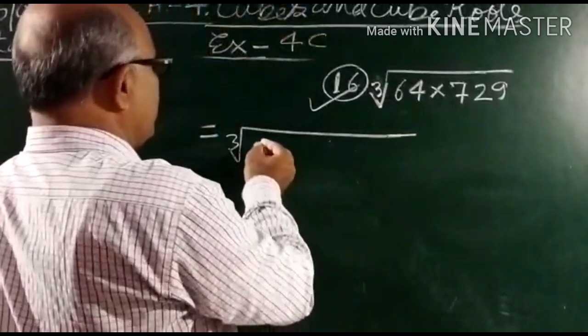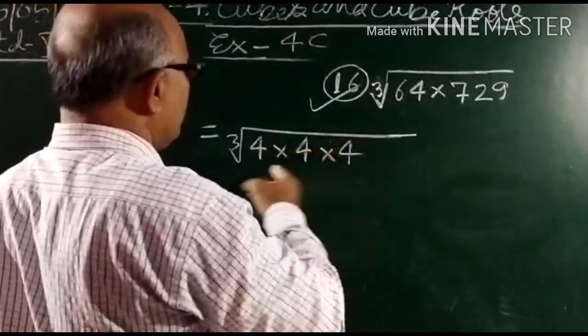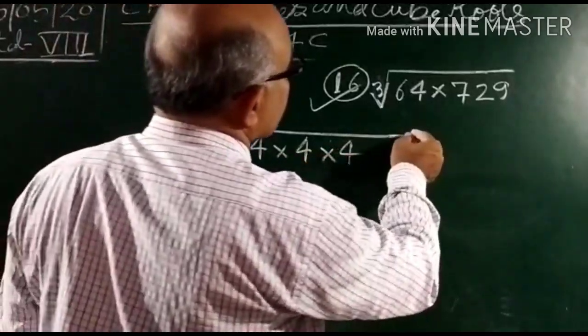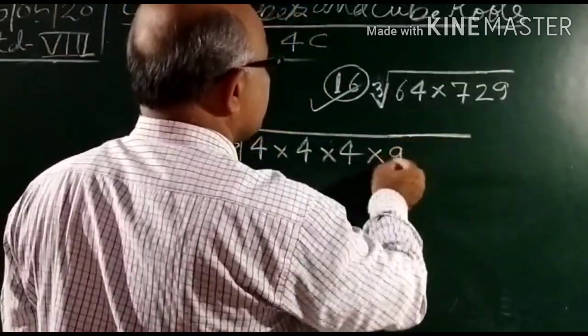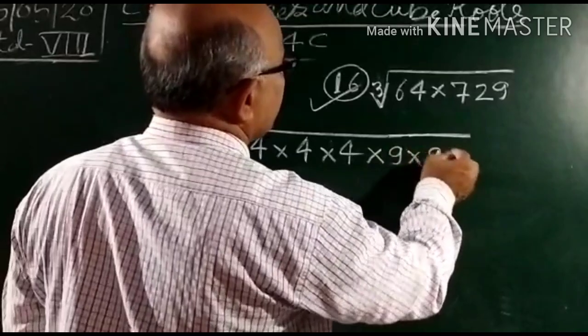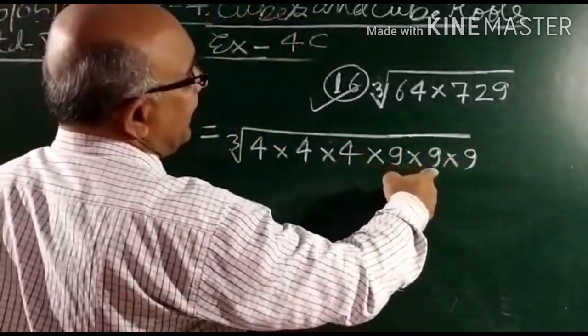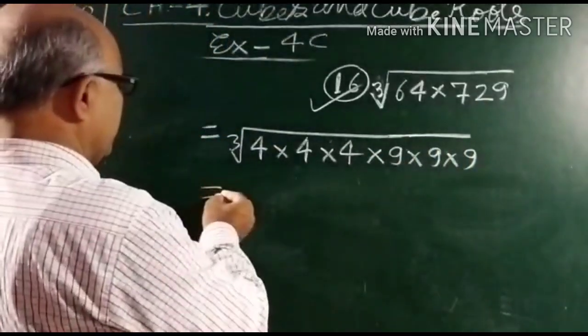So 64 means 4 into 4 into 4. 4 fours are 16, 16 fours are 64. And 729 means 9 into 9 into 9. 9 nines are 81, 81 nines are 729.